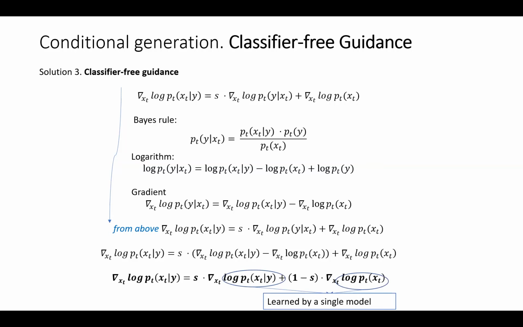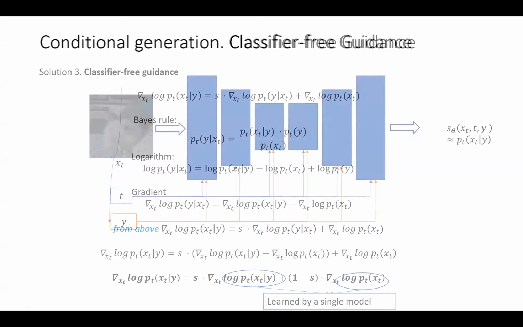So this is what we are going to choose, and what we are going to do is actually have a single network. We won't have two networks. We will have a single network which will learn both, and that is a pretty brilliant thing they did.